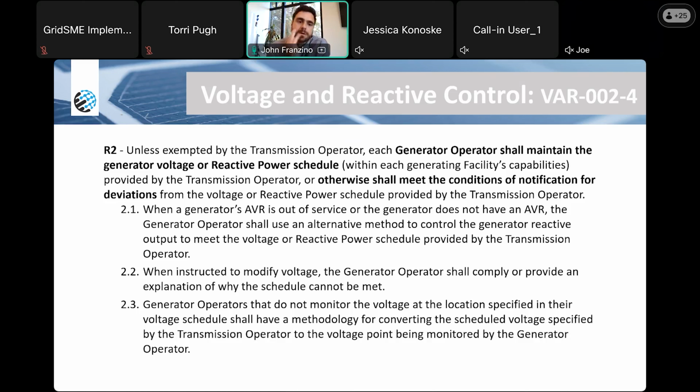So by default, you're normally in automatic voltage control mode, but there are changes or situations that arise where maybe you're instructed to go out of AVR, etc. Again, just like an operating instruction, that is something the GOP must comply with unless there is a technical or safety type limitation for which you cannot comply.